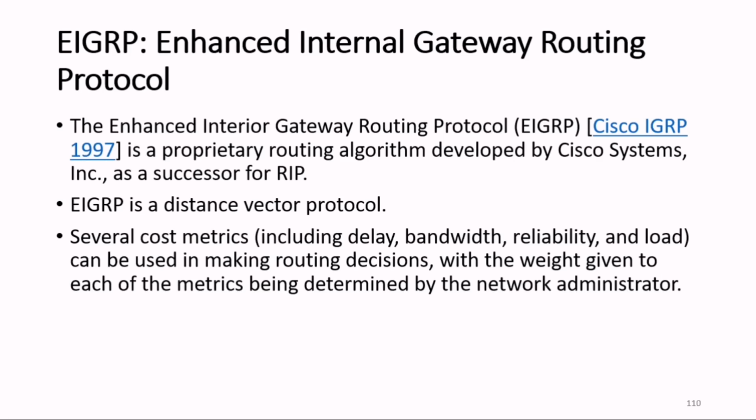Several cost metrics, including delay, bandwidth, reliability, and load, can be used in making routing decisions, with the weight given to each metric being determined by the network administrator. So basically the cost of the metric can be determined by the administrator, compared to RIP, which only computes 2 or 3 metrics.